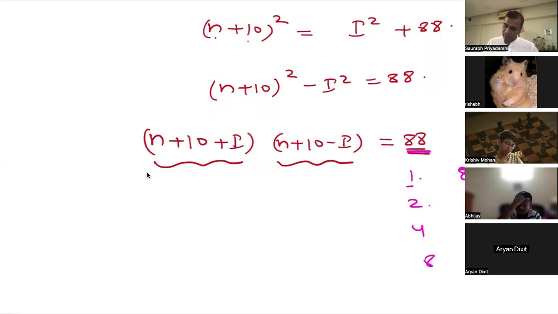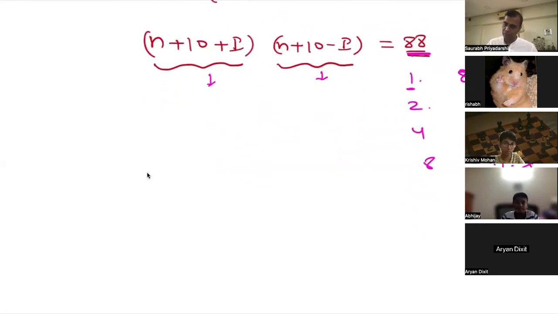If one number is 1, the other is 88, but the sum of both numbers is odd. We can't take this because the sum on the left side will be 2n. So the first and last are not possible.